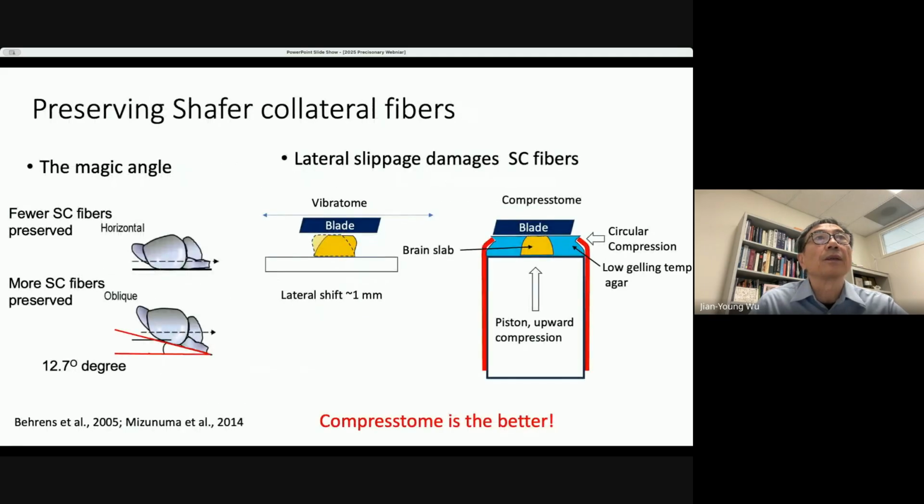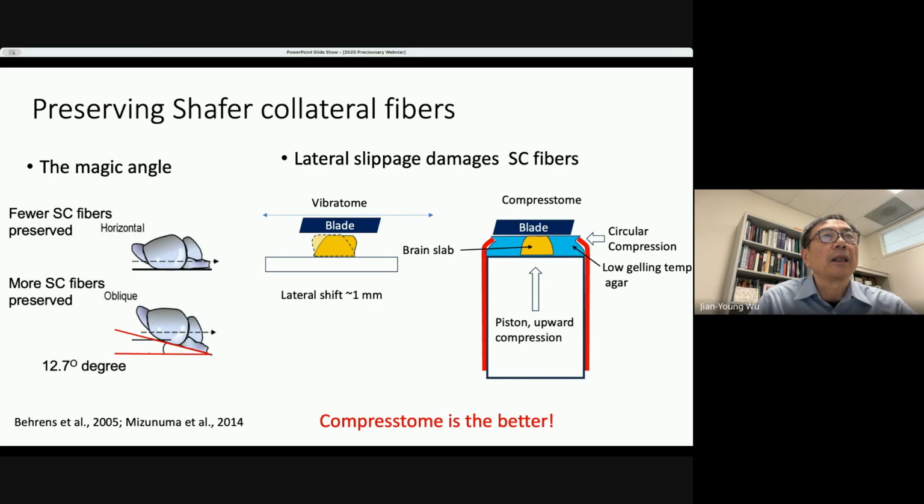All right, so let's do preserving Schaffer collateral fibers. There is what we call a magic angle. This is 12.7 degrees, first proposed by a group of pioneers doing in vitro ex vivo sharp waves, particularly the paper by Hájos and Mody, 2014, which explains this in more detail.